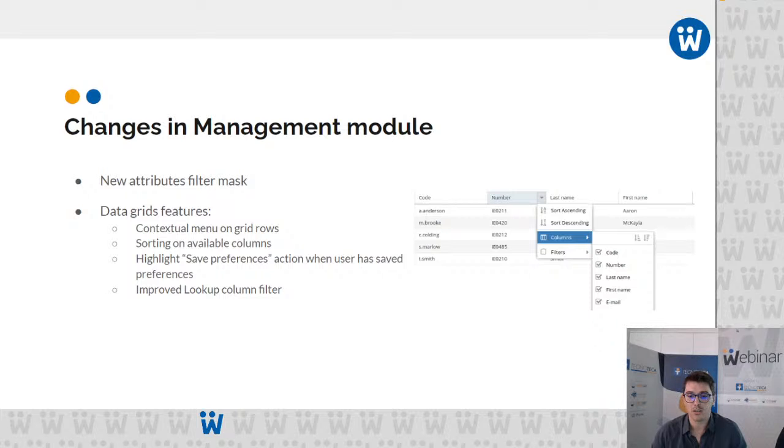We have the list of available columns, and from there we can choose to sort the list of attributes to easily find the attribute that we want to hide or show, for example.